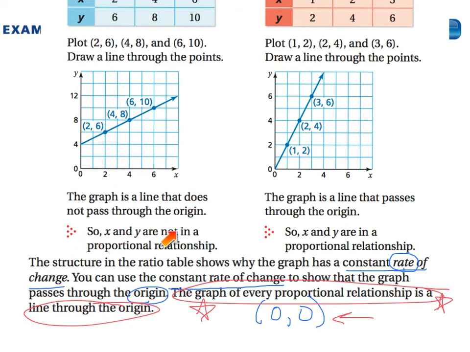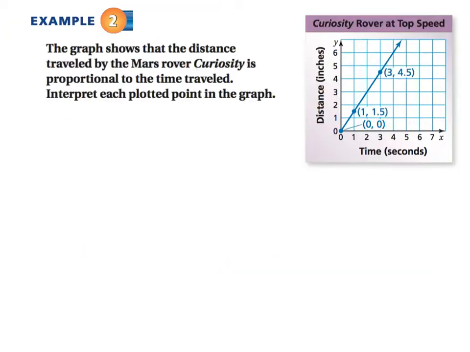Therefore, x and y are not in a proportional relationship. Here, your line does go through the origin. Therefore, x and y are in a proportional relationship. So when is something a proportional relationship? When the line does what? Goes through the origin.